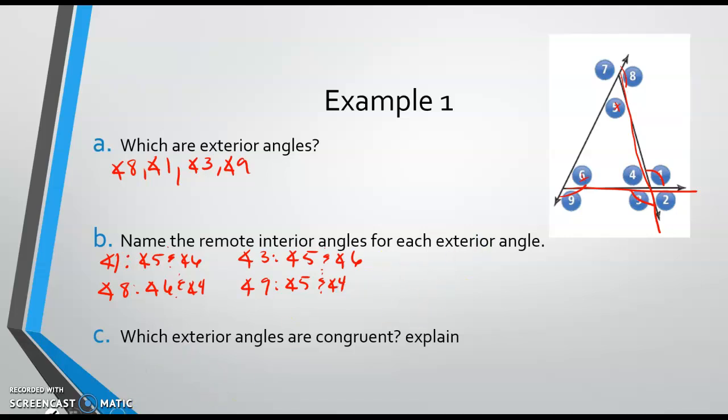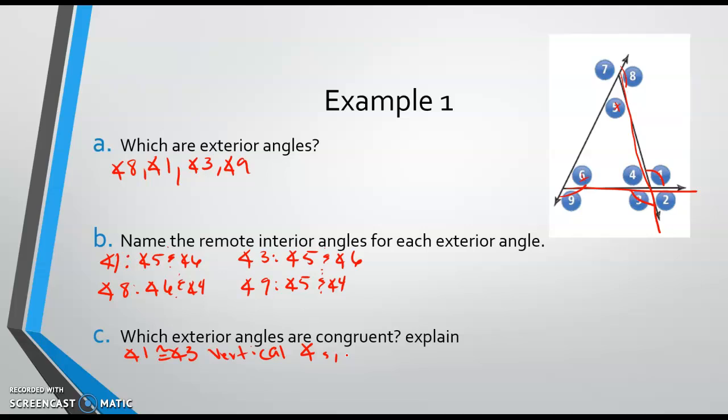Angle 1 is congruent to angle 3, and that's because they're vertical angles. Vertical angles are congruent.